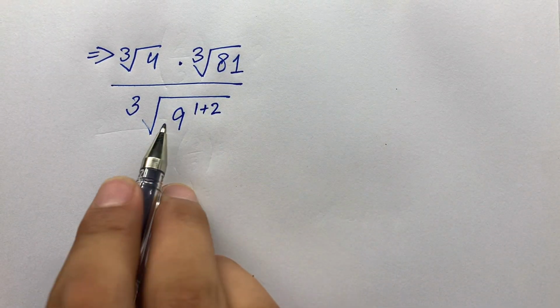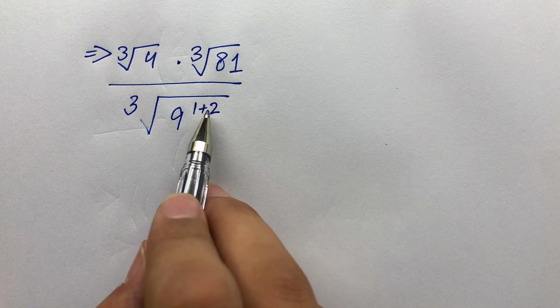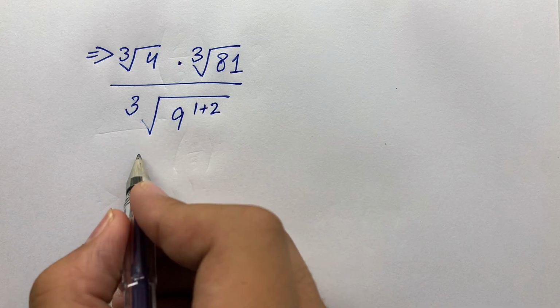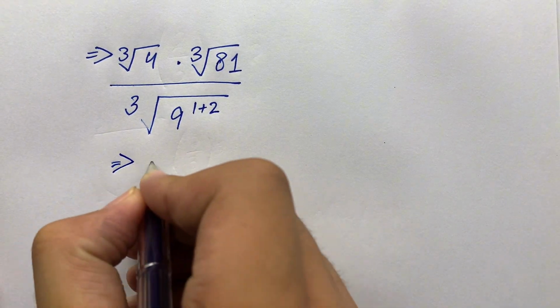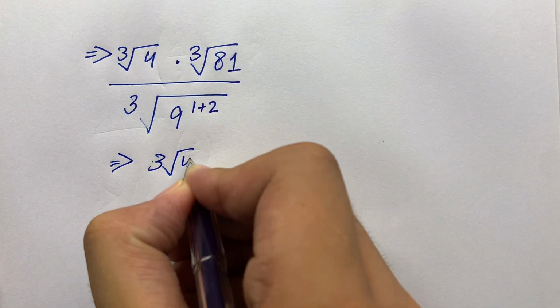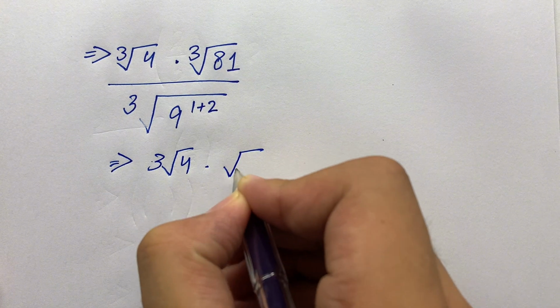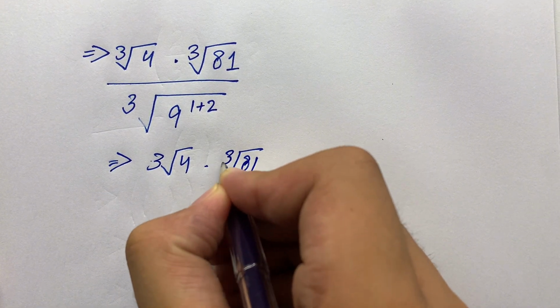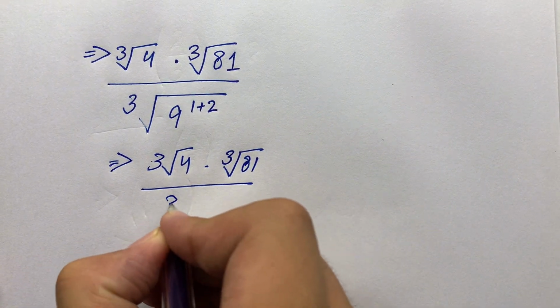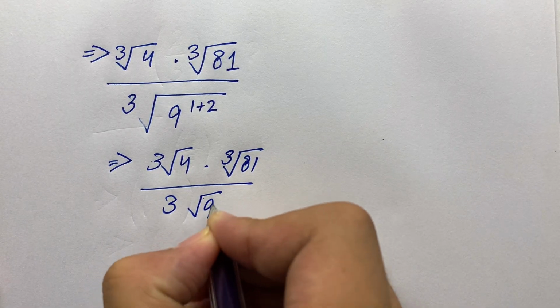So in next this will be 9 plus 1 plus 2. In next step this will be 3 into under root 4 into under root of 81 into 3 divided by 3 into under root of 9 into 3.